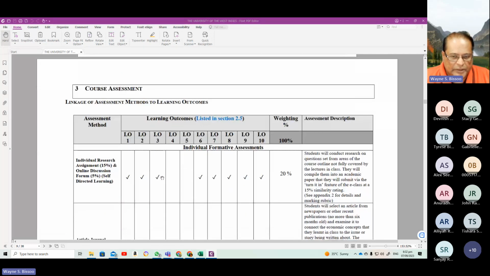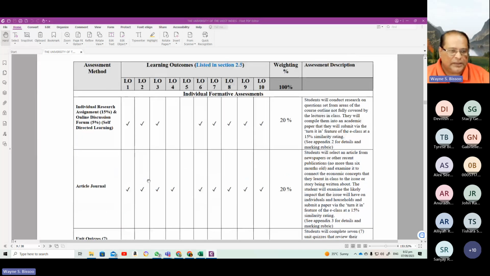All right, so that brings us to the assignments. And each assignment focuses on different levels of the learning outcomes. And you'd see that the individual research and forum discussion deal with learning outcomes 1 to 3, 6 to 10.